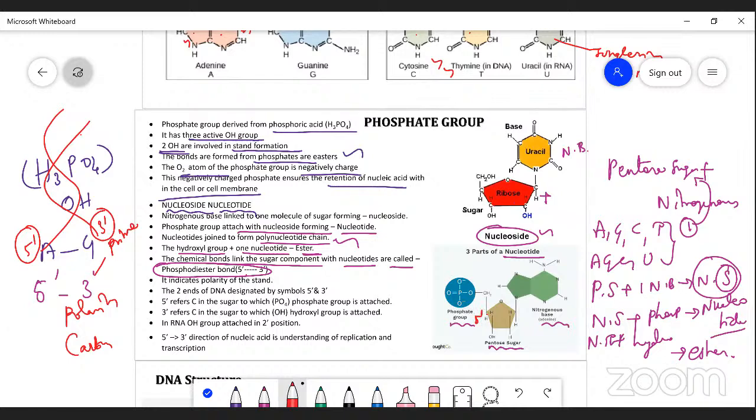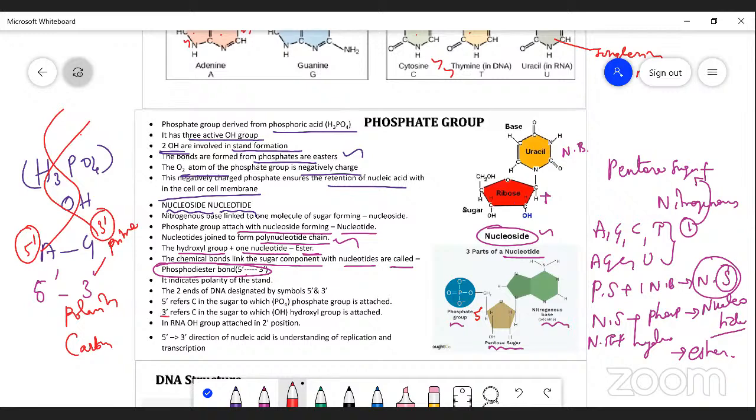So in this section of the pentose sugar, this part is called the 5'. Where the phosphate group is attached to the pentose sugar, that region is the 5' part of the sugar.